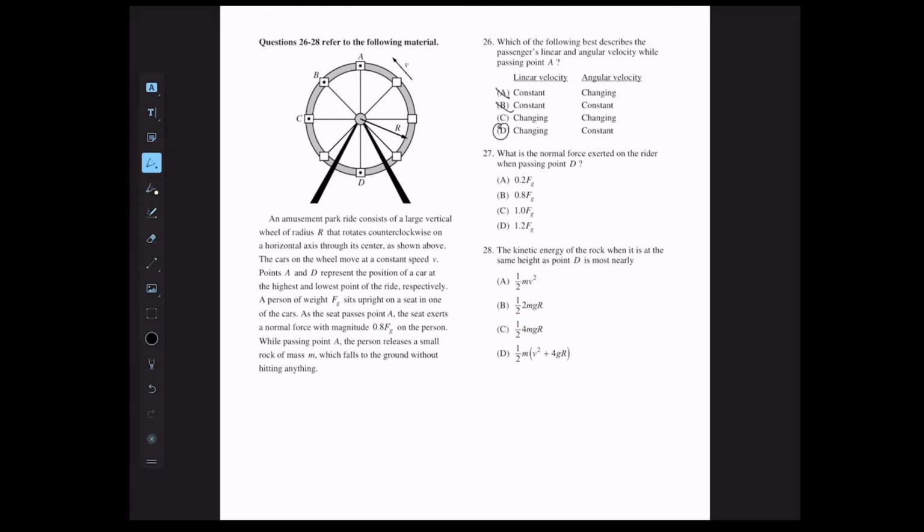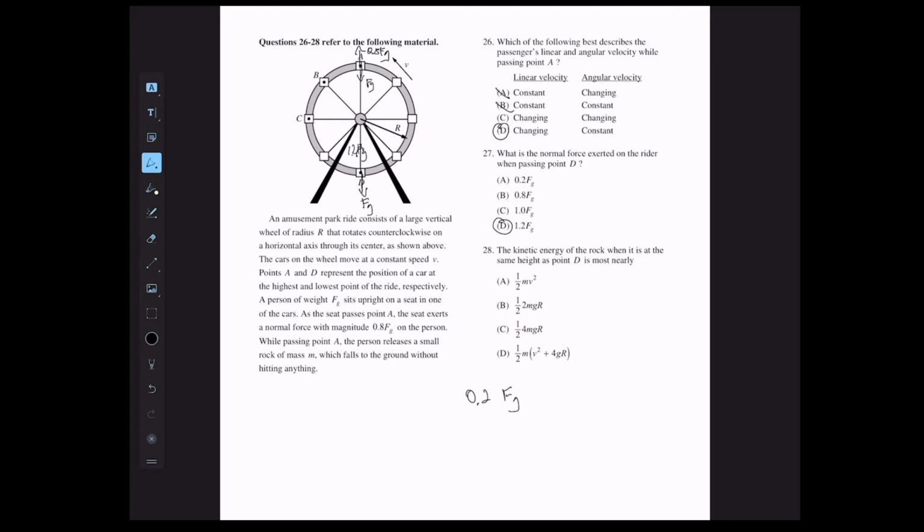At point A, the seat exerts a force of 0.8 F_g, so the centripetal force is 0.2 F_g. At point D, there's F_g, so the normal force has to be 1.2 F_g in order for the centripetal force to be constant. So D is the answer.